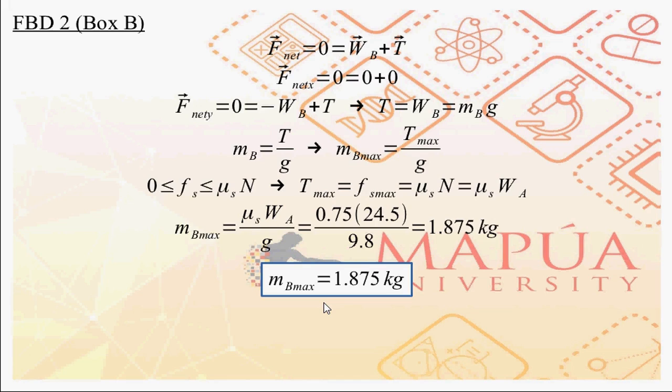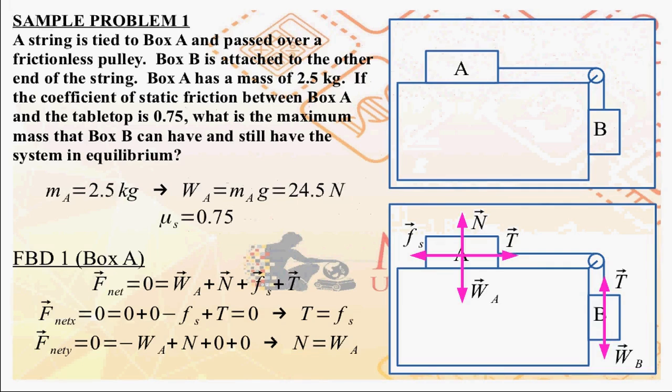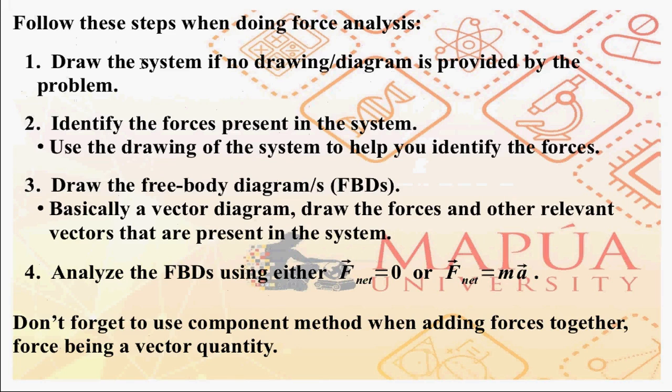So just follow these steps whenever you do force analysis. Again, draw the system if no drawing is provided by the problem. If there's already a drawing, you can skip step 1 and go to step 2. Step 2, identify the forces present in the system.